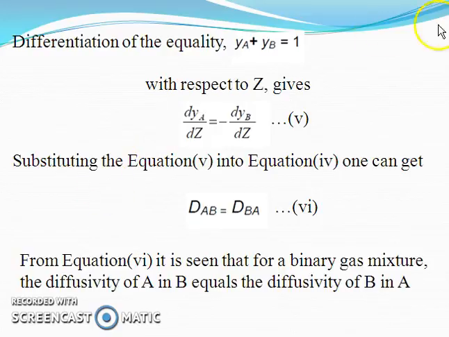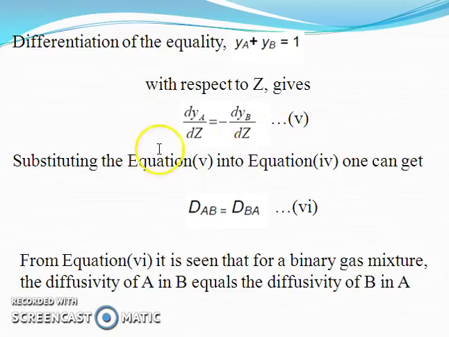Again, when we differentiate the mole fraction expression with respect to Z, we get dY_A/dZ plus dY_B/dZ, and since the sum is a constant, the differentiation of this is 0. Rearranging the terms, we get dY_A/dZ equal to minus dY_B/dZ.